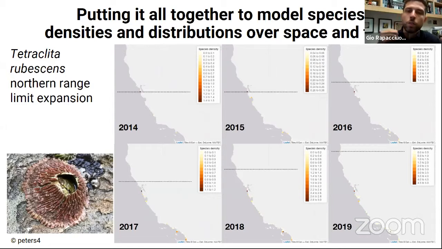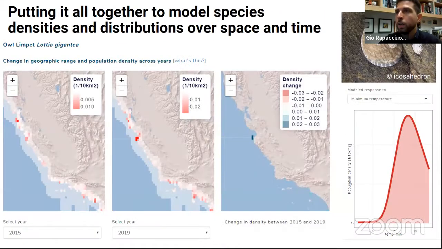And we've been able to see how this has led to a northward shift in the density of the species over time since 2014. Another species is the owl limpet. I won't go too much into detail here. We'll have a look at it live in the tool, but it's another species that's shown increases in density due to its warm loving.